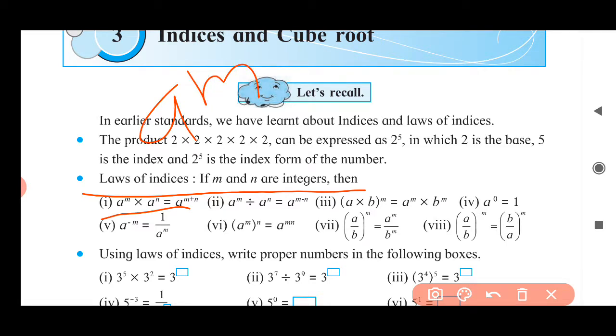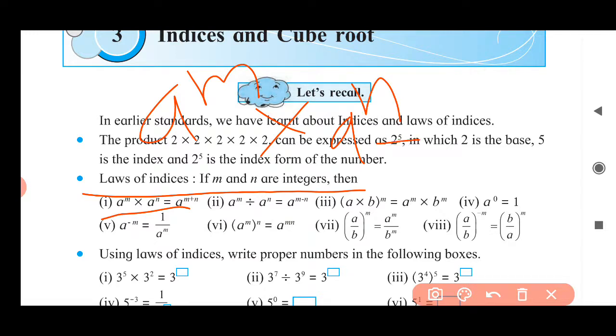a raised to m multiply by a raised to n. m and n are indices. a is the common base, but a raised to m and a raised to n have different integer indices.